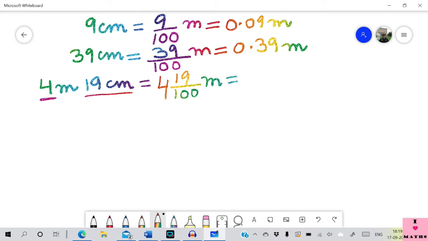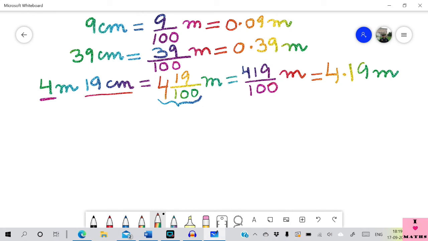Also we can write it as, we will change now the mixed number into improper, 400 plus 19 is 419 upon 100 meter, or in the decimal form we will write it as 4.19 meter.